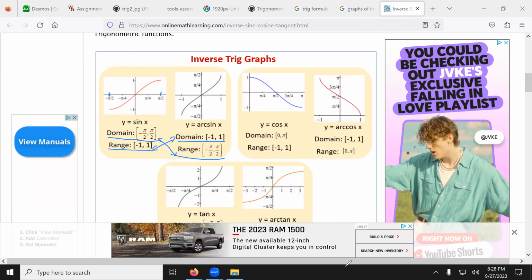They did the same idea to the cosine and tangent, although the tangent didn't have a problem because it was always 1-to-1, so it was fine. It's just sine and cosine had issues.